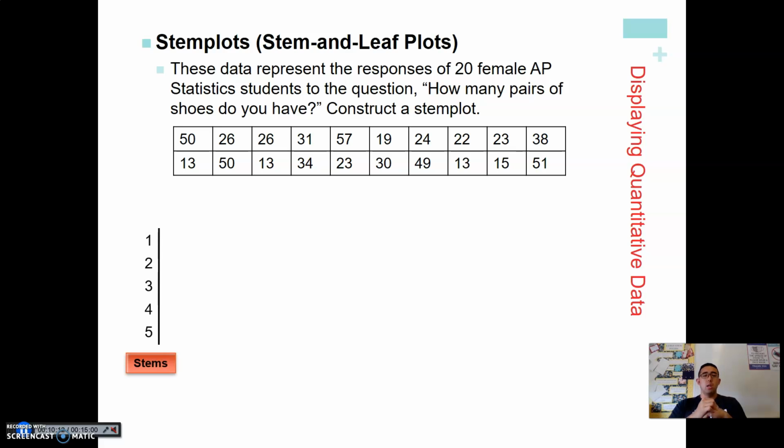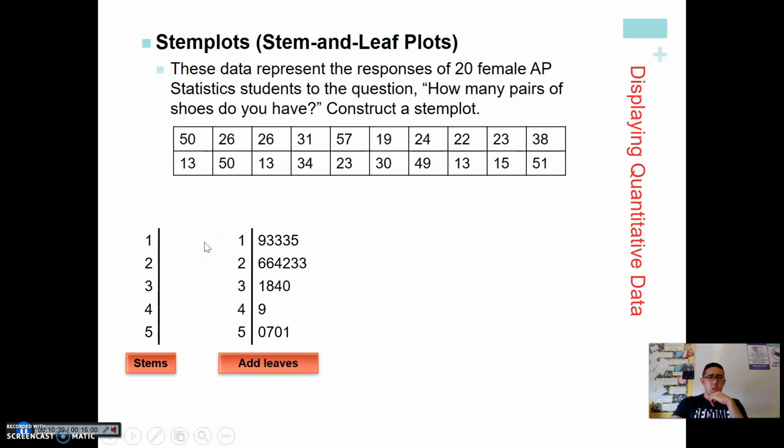What this would look like is you would put your stems representing the tens place in all of these areas, and then the leaves, which is the ones place. So in other words, this 1, 9 represents the person who said they had 19 shoes.